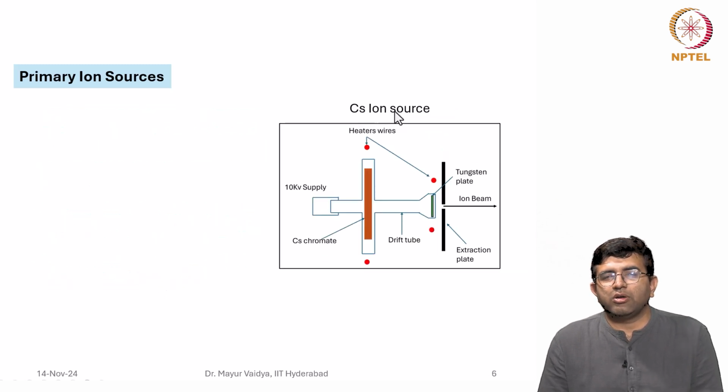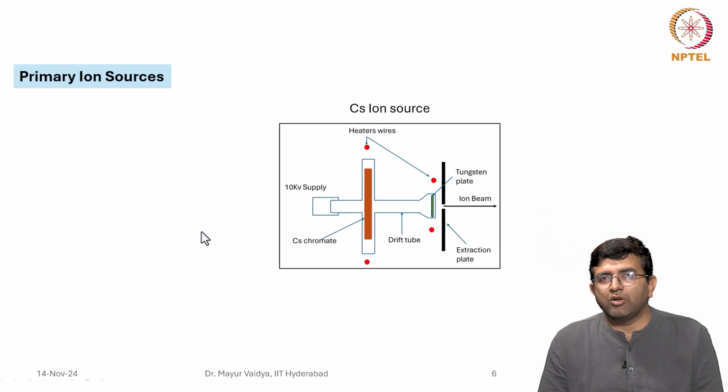Another common ion source is the cesium ion source, where a cesium containing compound, for example cesium chromate, is heated and the ions hit a heated tungsten plate, and then these ions are generated, and an ion beam is collected, which can then be utilized.